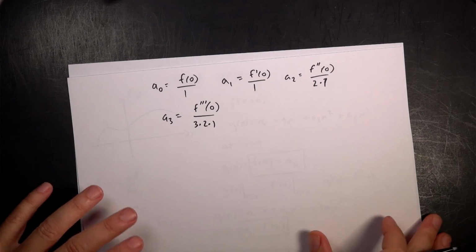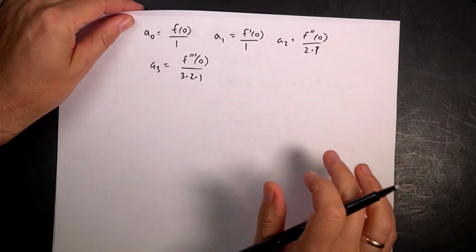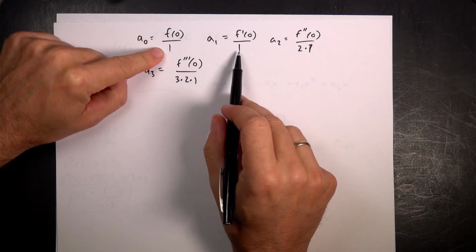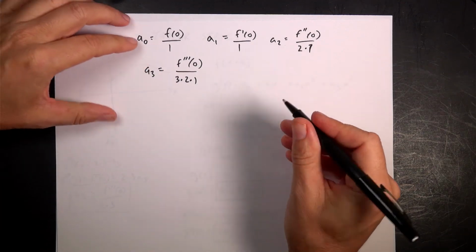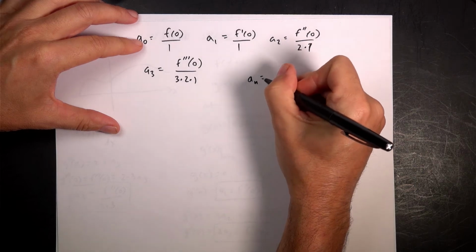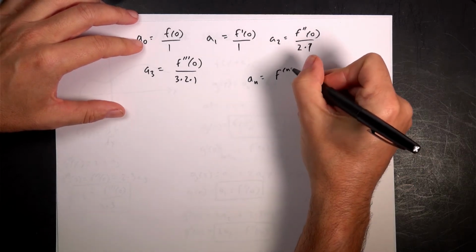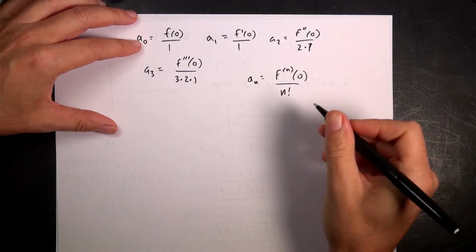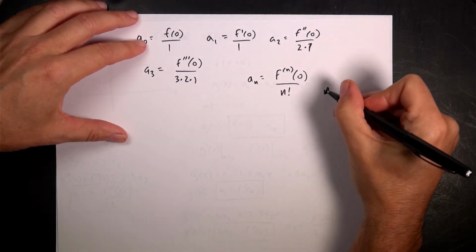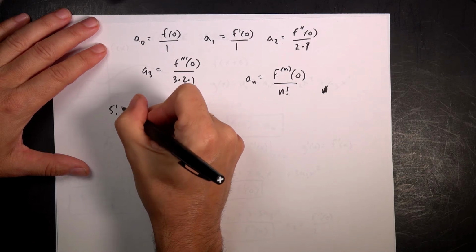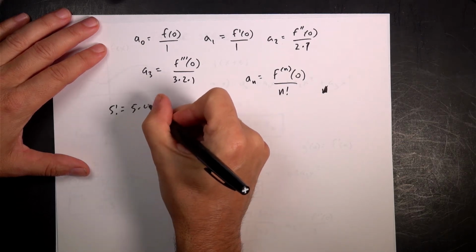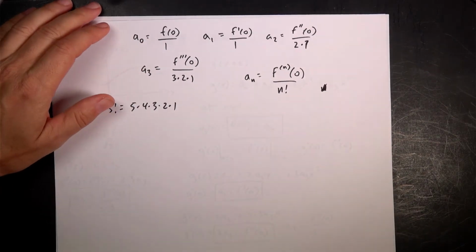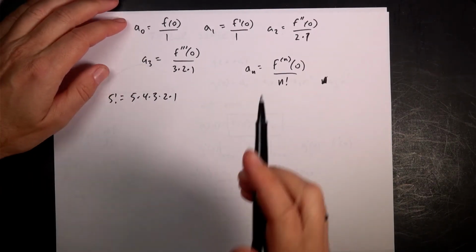And now we can get a general expression for any a, right? Because this is 0 factorial, this is 1 factorial, this is 2 factorial, and 3 factorial. So in general, an is going to be equal to f, they write it this way, f superscript n of 0, over n factorial. So remember factorial, 5 factorial is going to be 5 times 4 times 3 times 2 times 1. 0 factorial is 1. I don't know why that's true. That's just the case.